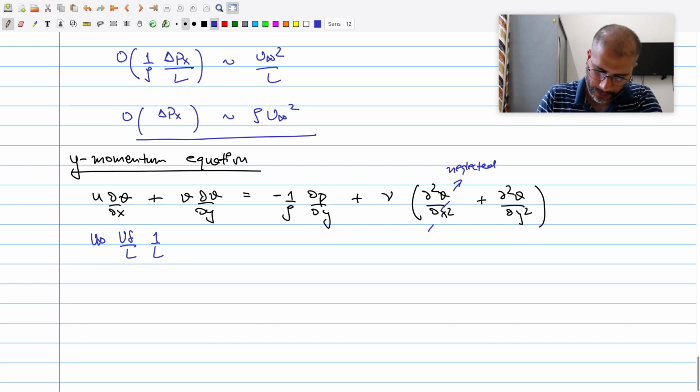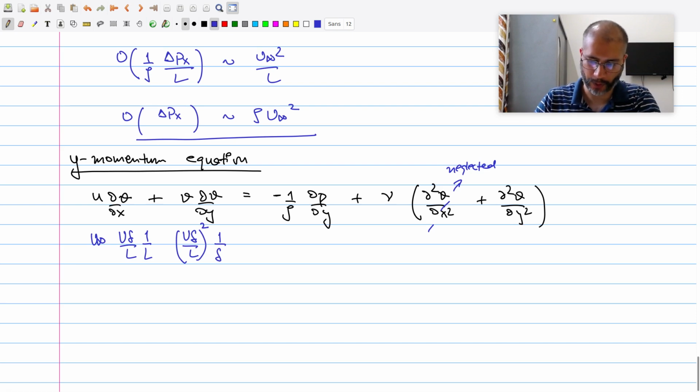Okay, so that's for the first term. For the second term, again we have u delta by L for v, and since we have del v by del y, this gets squared, and then we have a 1 by delta coming from y. The pressure term again is unknown, so for now we'll keep it as unknown.